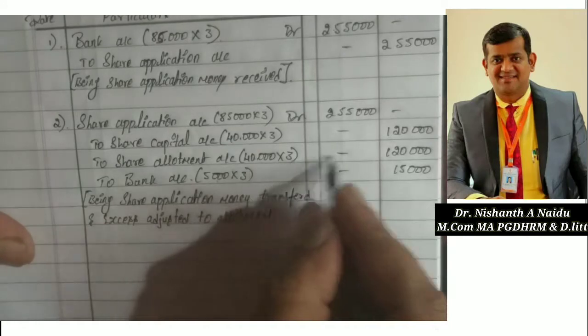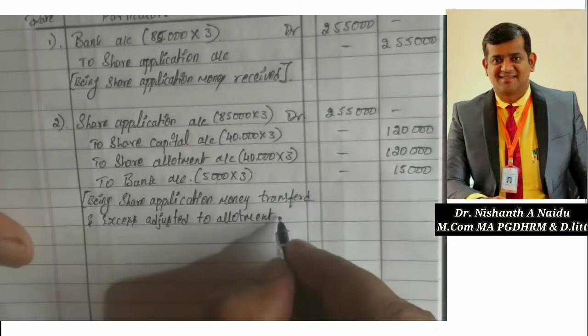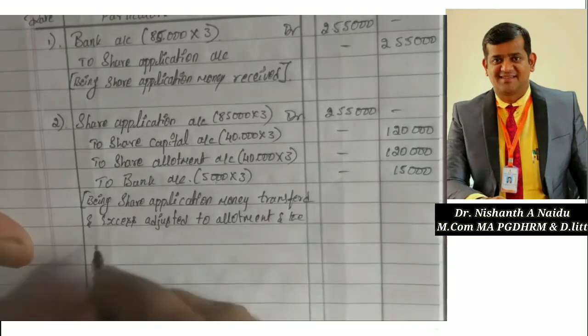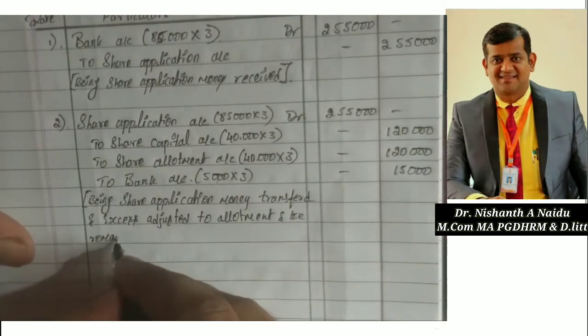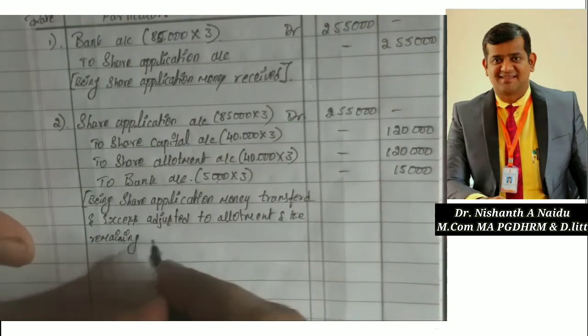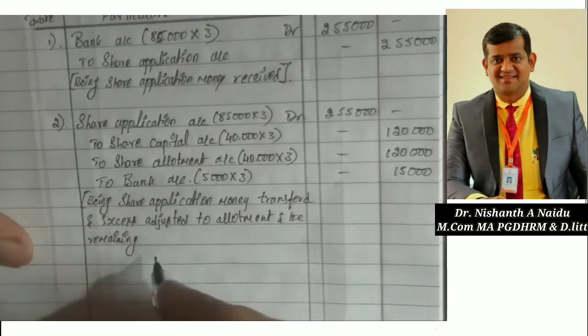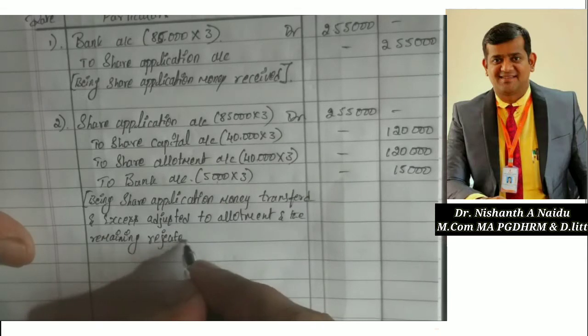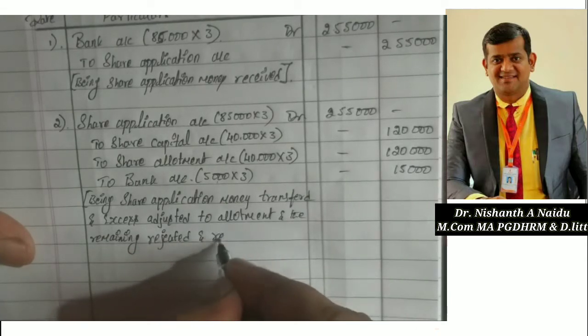This excess has been adjusted to allotment, and the remaining is 5,000. What we have done? Rejected and refunded.